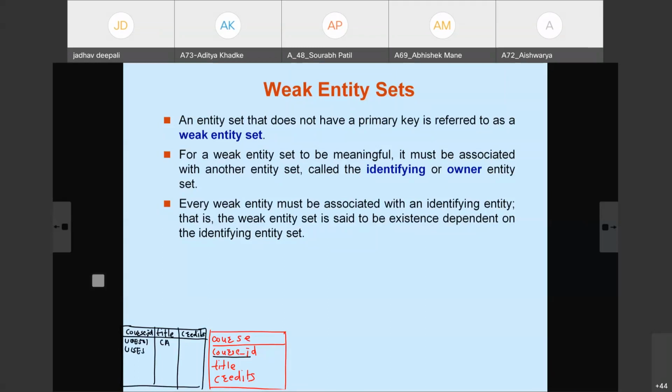UCSC 502, suppose OS. UCSC 503 DBE. UCSC 531 as DBE lab. Credits 3, 3, 3, 1 in this way. So every course has its ID, correct? And that's why it is a strong entity set. Primary key is there, so that is why it is a strong entity set. But there is another entity set, section, which I will draw here.